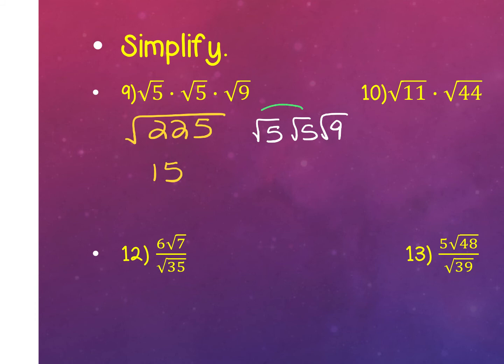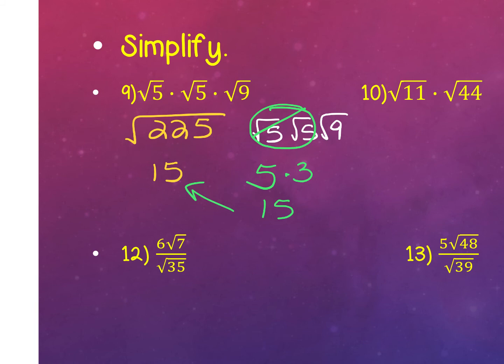So for example, pair 5s, this tells me this 5 comes out. And then if you recognize 9's a perfect square, square root it, and boom, it goes to the same answer as going through the process of doing 5 times 5, 25, times 9 is 225. So my advice to you is don't multiply those three numbers, just break it down the way that they're given.